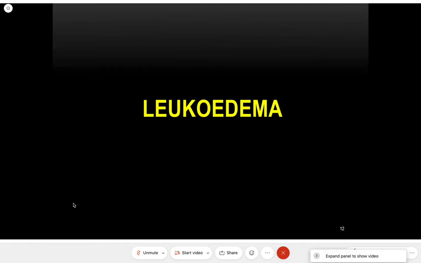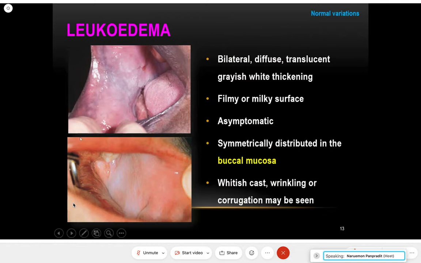Leukoedema is a normal variation. First, I will explain again that the main character of normal variation is symmetrical appearance, both sides look similar. So this leukoedema appears on both sides, in general on the buccal mucosa, and it is white.